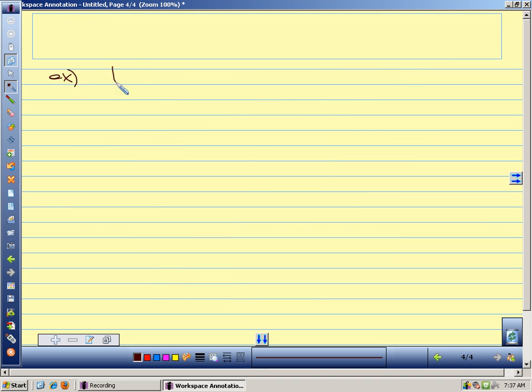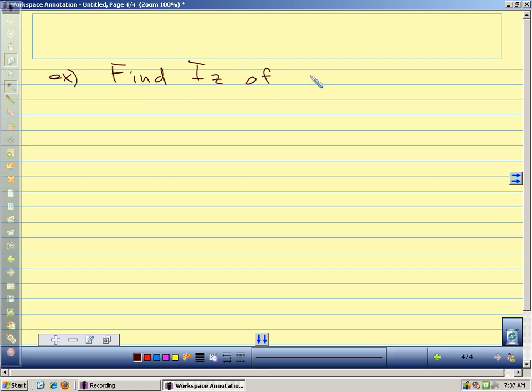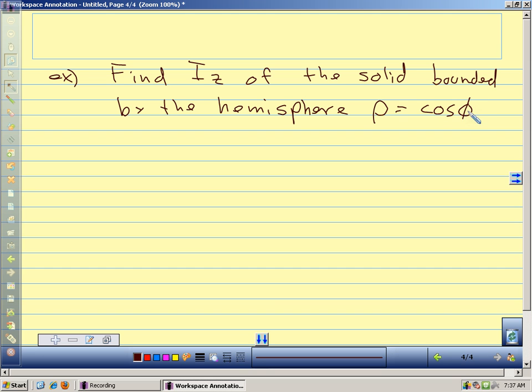We want to find I sub z of the solid bounded by the hemisphere rho equals cosine phi, with 0 less than or equal to phi less than or equal to pi over 2, and the cone phi equals pi over 4.